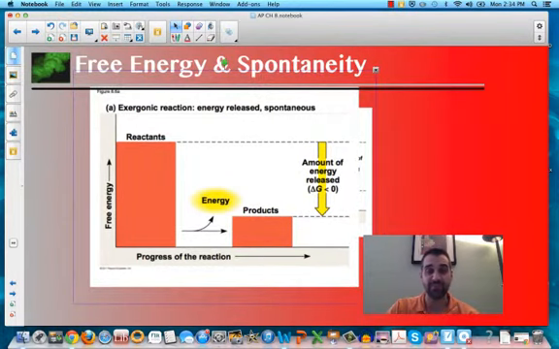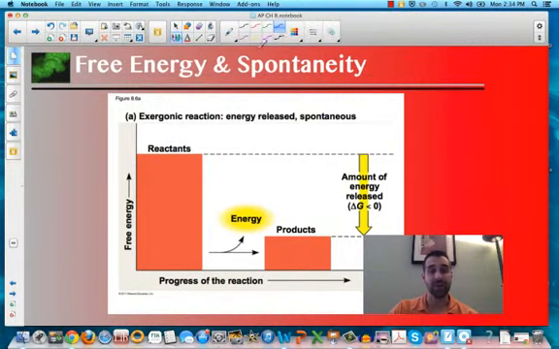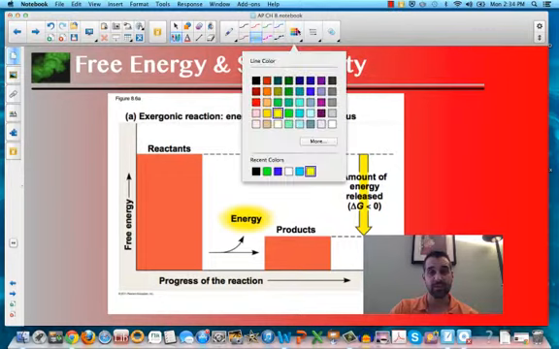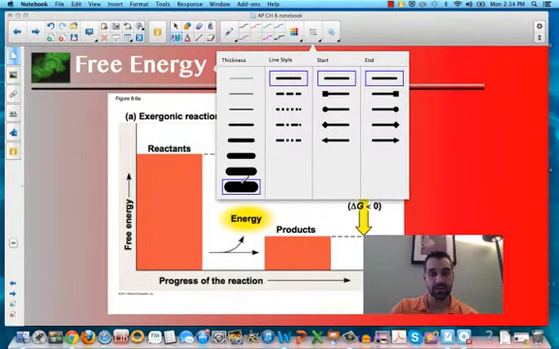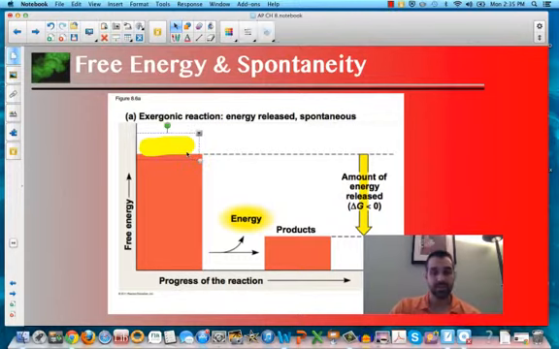So here, if we've got free energy and spontaneity, you can clearly see free energy on the Y, the progress of the reaction on the X. And you can see that the reactant molecules have a much higher amount of stored energy.